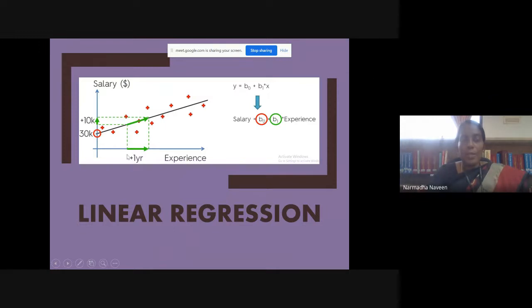After 1 year of experience, how much is the increase in salary? To understand that, you can project this line towards the best fit line, and this line also towards the best fit line, and then project it towards the y-axis. After projecting over the y-axis, you'll be able to know exactly the difference in the value. It is nearly 10k dollars that should be the increase in salary for a person with 1 year of experience.